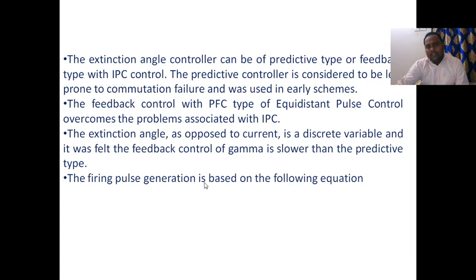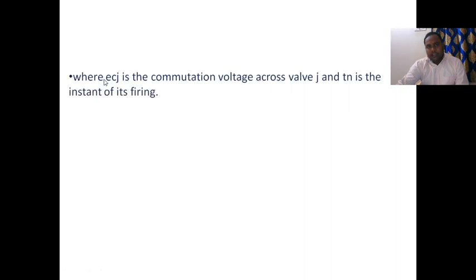The firing pulse generation is based on the following equation. 0 is equal to the integral from minus pi plus delta n minus 1 to omega Tn of Ecj d omega t plus 2 Xc Id, where Ecj is the commutation voltage across the valve J and Tn is the instant of its firing.